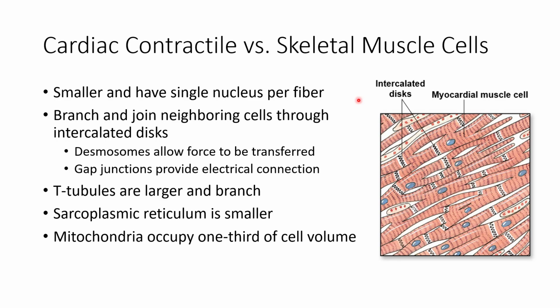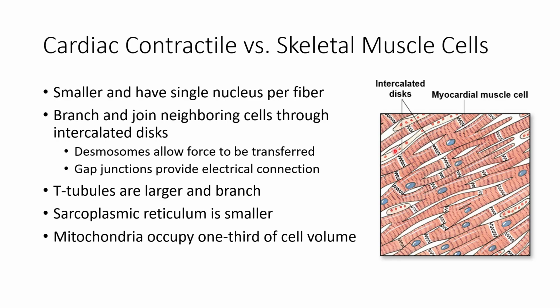Now, how is cardiac muscle different than skeletal muscle? Well, first of all, the cells themselves are much smaller, and like smooth muscle, they just have a single nucleus per fiber. They are connected to each other, so you'll see these, they're branched and then connected to each other, and at each connection between cells, we have what are called intercalated discs that hold them together.